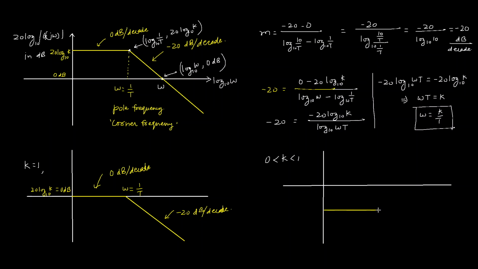The value of 20 log k base 10 is negative, and after first corner frequency, slope of Bode plot is also negative. That's why it is starting below the 0 dB, starting with negative value, and after first corner frequency, slope becomes negative. Okay.